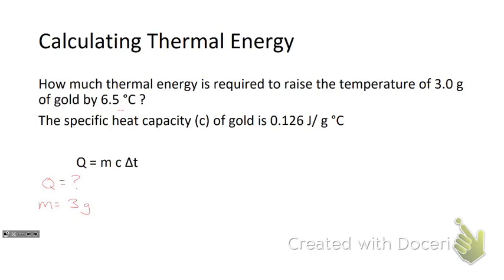And we're changing the temperature by 6.5 degrees Celsius, and we're increasing it. So the delta T, the change in temperature, is 6.5 degrees Celsius. And we also know the specific heat capacity of gold is 0.126 joules per gram degree Celsius.